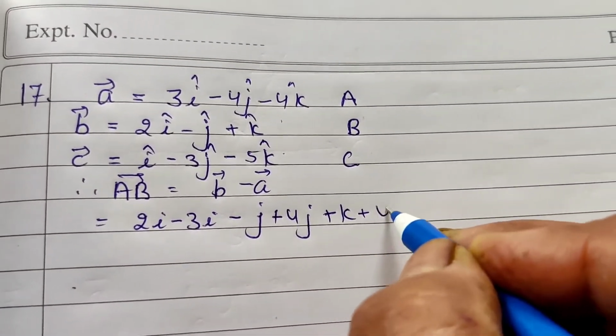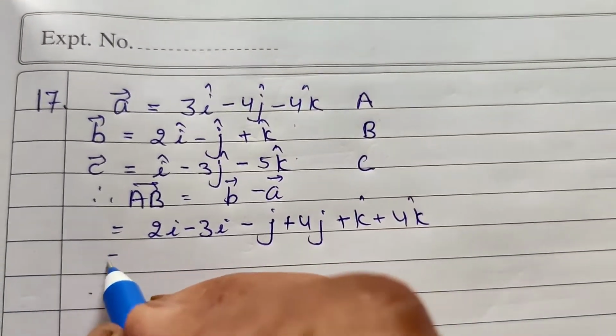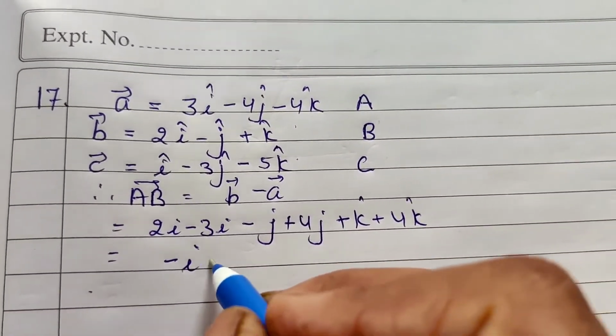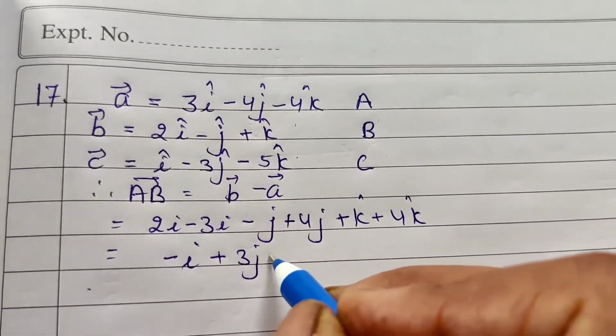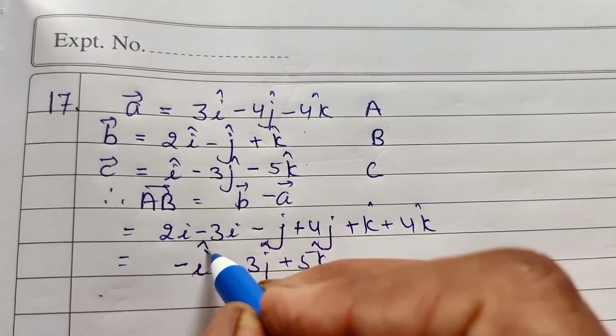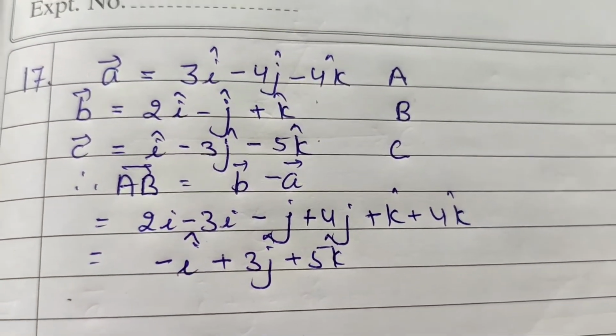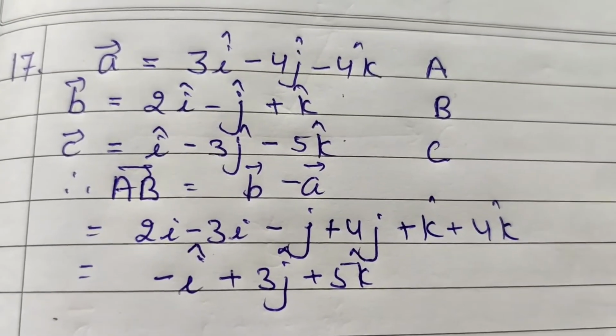Then k plus 4k. So B minus A, the answer is minus i plus 3j plus 5k. This is the vector of line AB.